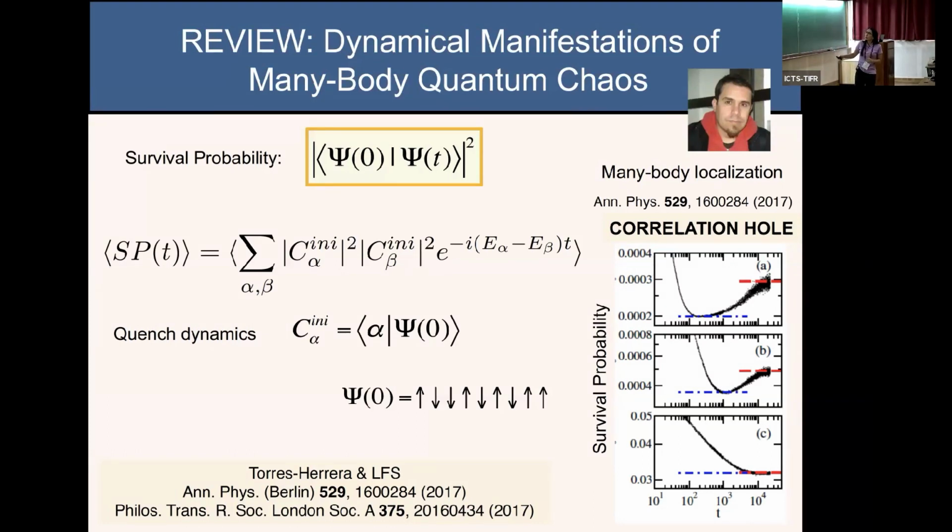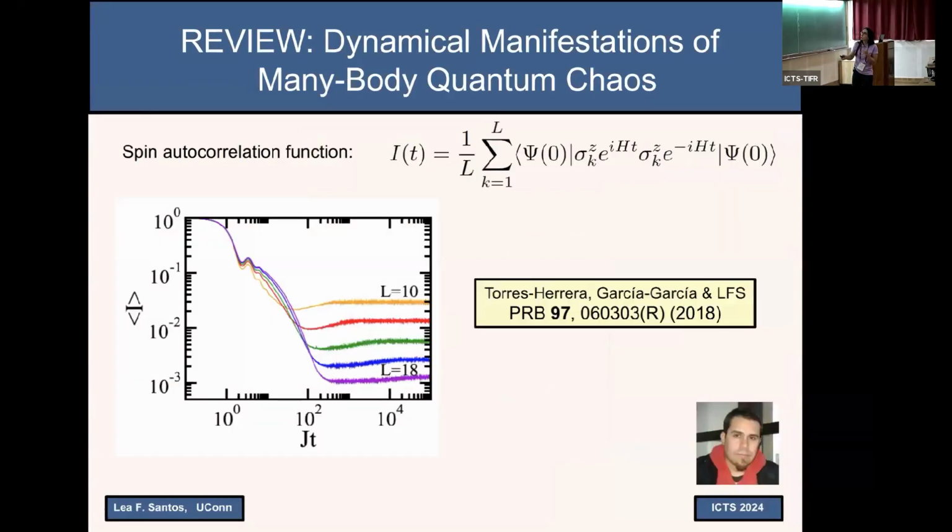At that time, with Jonathan, we were trying to identify some other quantity that would also exhibit the correlation hole. We had looked at entropies or a dynamical version of the participation ratio, and we wouldn't see anything. We sometimes would see a tiny hole, but it was negligible. And then Jonathan finally came up with the idea of looking at the spin autocorrelation function.